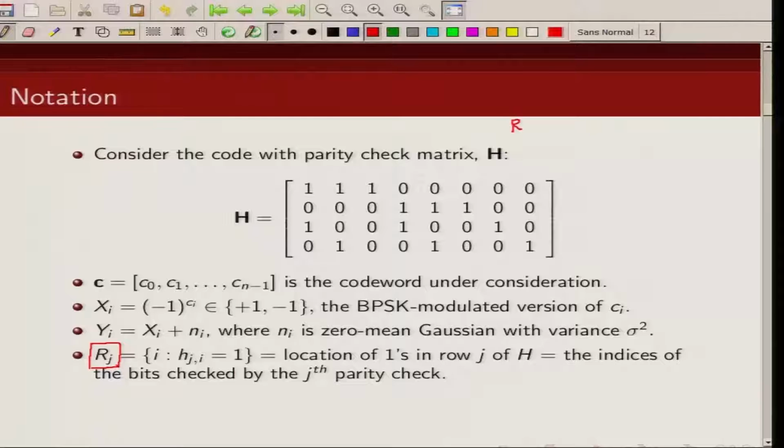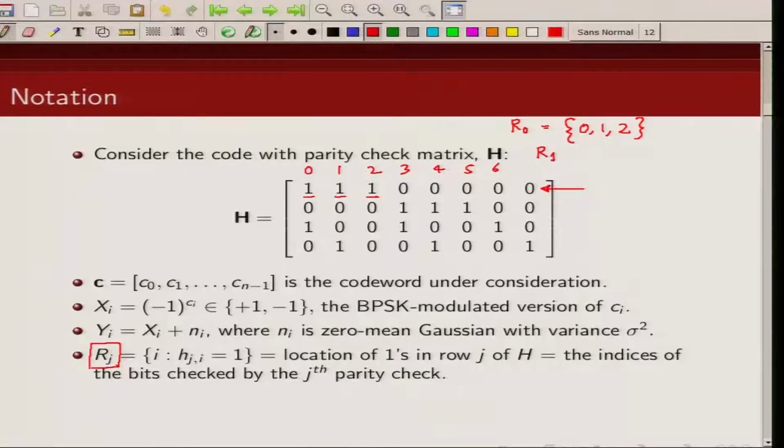What is R0? R0 corresponds to the 0th row, which is this row. Now, look at the bits that are 1 here. Let us label the bits 0, 1, 2, 3, 4, 5, 6. So, R0 corresponds to 0, 1 and 2. And what does it mean? It means that for the first parity check equation, the bits number 0, 1 and 2 are participating.